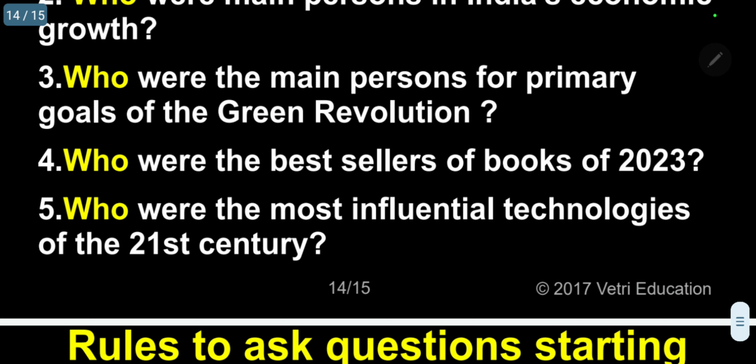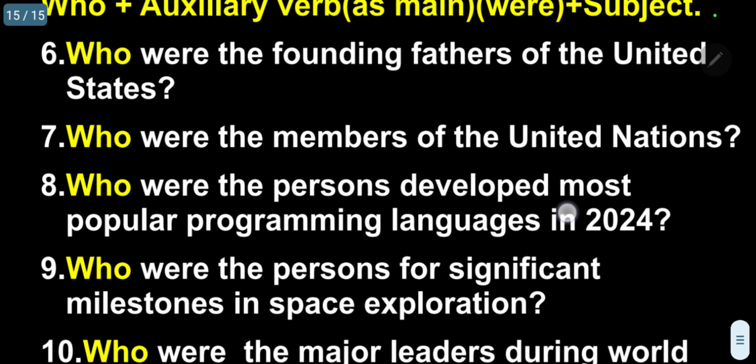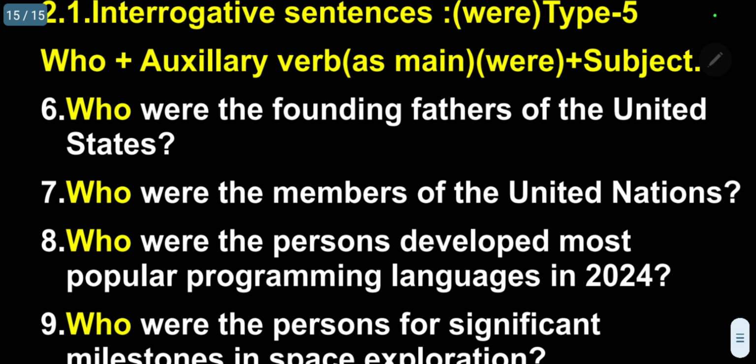Now, kindly follow. So I will give 5 more under were. Who were the founding fathers of United States? So were is the main verb. Who were the members of United Nations? Acting as a main verb. Who were the persons developed most popular programming languages in 2024? That means, kindly follow, developed is the main verb.